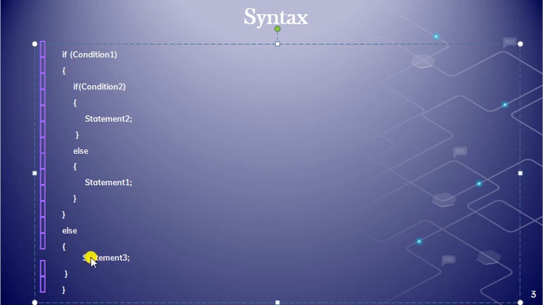So that is the syntax of a nested if statement. Nested if means one or more if statements within one if statement. In one if statement it includes another if else statement.